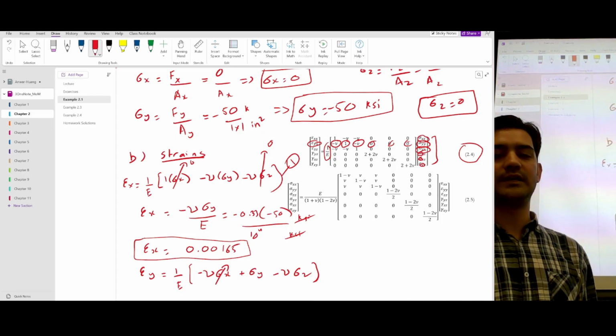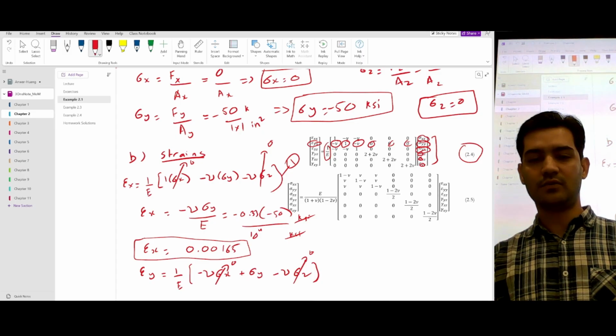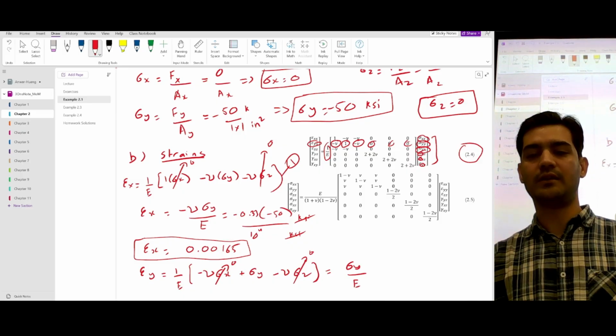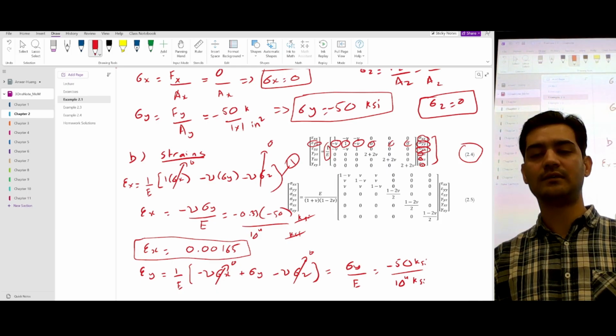And we know stress x is 0, we know stress z is 0. So the final equation came out to be stress y divided by E. We know the value of stress y, which is negative 50 ksi. We know the value of modulus of elasticity, which is 10 raised to the power 4 ksi.